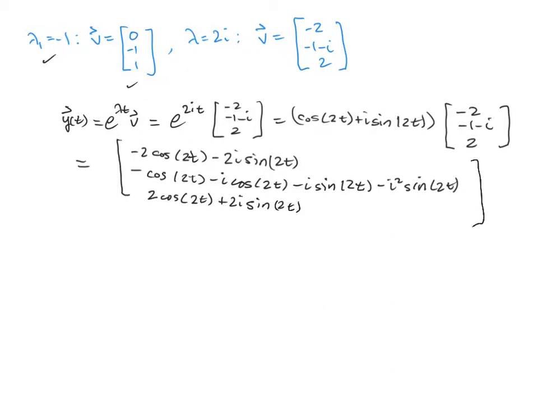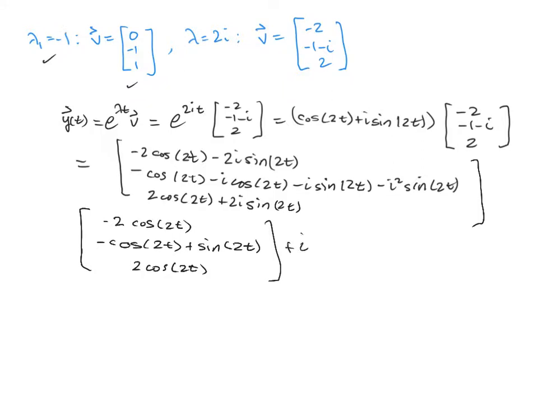And then just like before, we need to split this apart into a real and imaginary vector. So for our first vector, the real one, that's -2 cosine 2t, and then negative cosine of 2t. And then that minus i squared sine becomes plus the sine of 2t. And then we have a 2 cosine of 2t for our third entry.